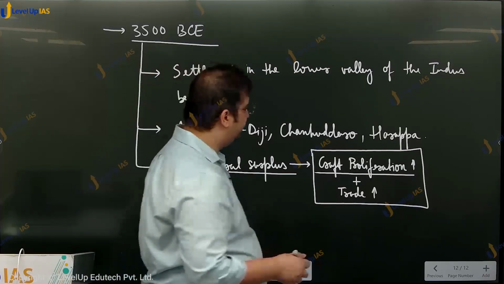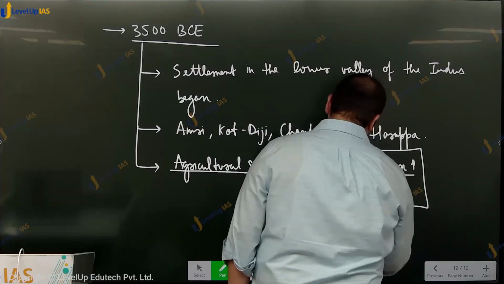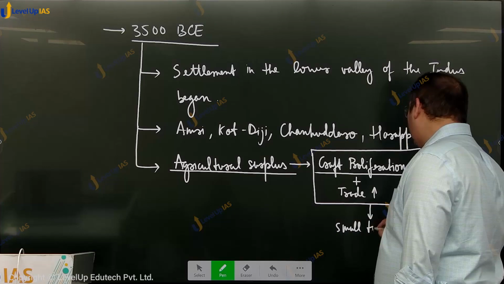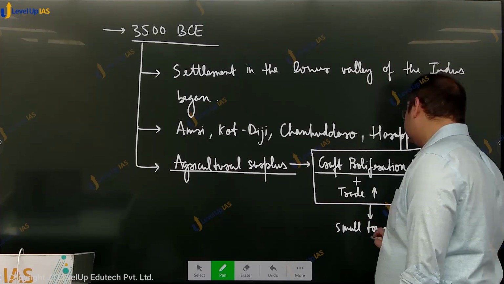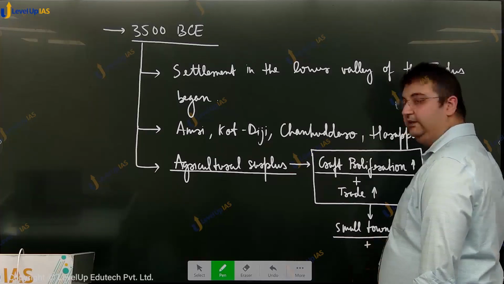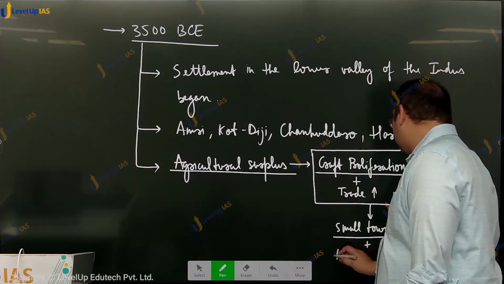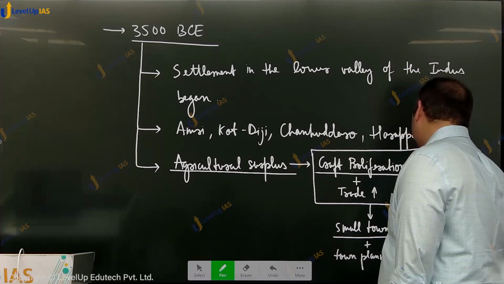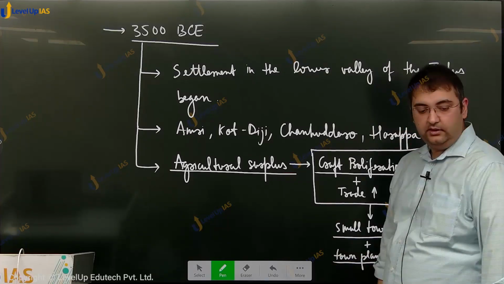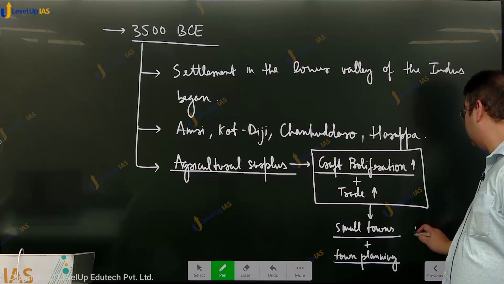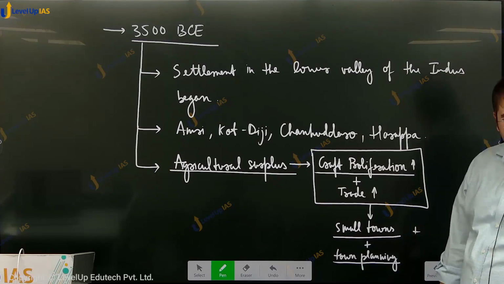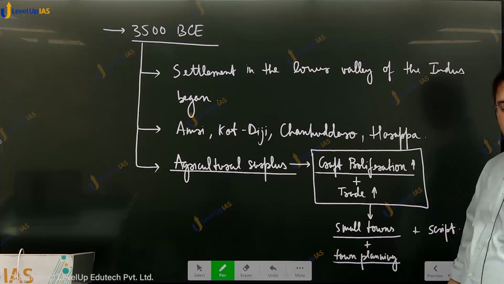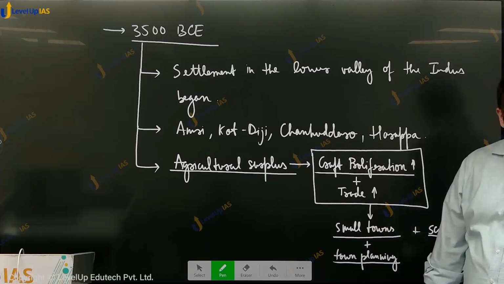They would also increase. So villages transformed into small towns, and the early elements of town planning would emerge. Along with this, to facilitate trade, the use of script would also start taking place.